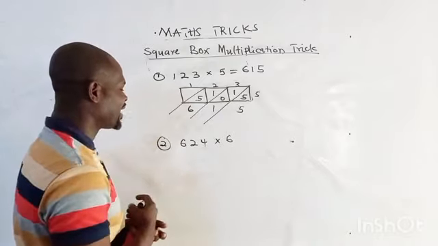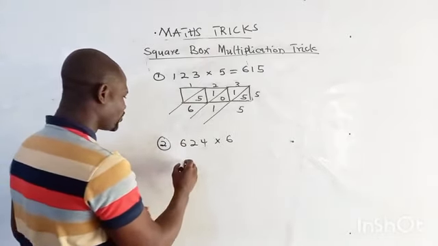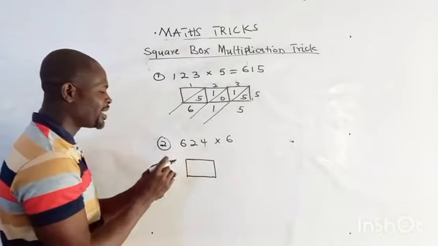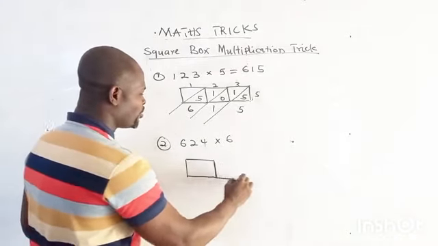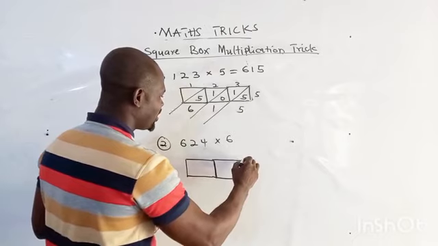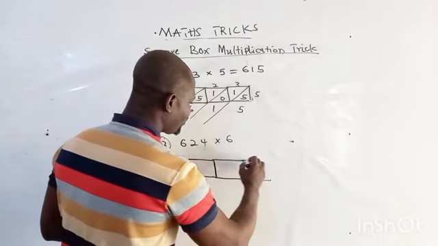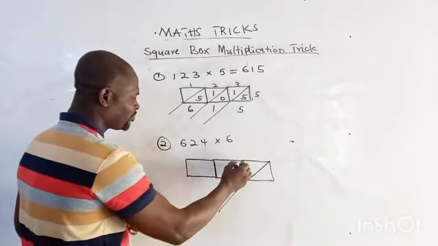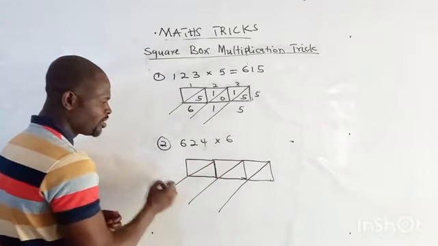Another example. We have 6, 2, 4 times 6. The same way, for the first set of numbers, we have 3-digit numbers there, so the squares have to come the same way. You divide the diagonals as well. Good.